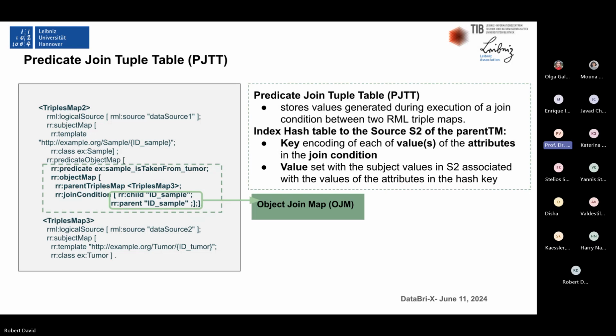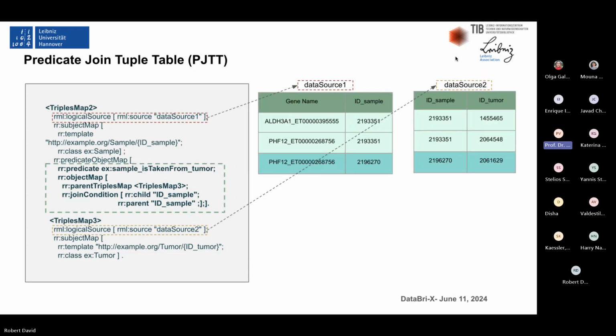This index structure keeps an index for each of the tuples that have been joined in the process of executing these joins, in order to avoid generating duplicates when new tuples or triples are generated. So please go next, and then you will see what that means.